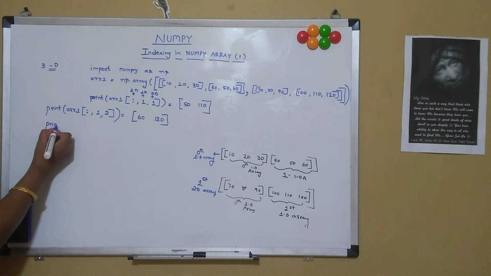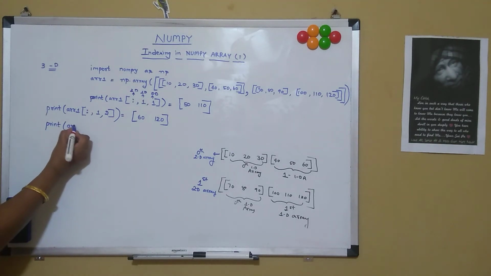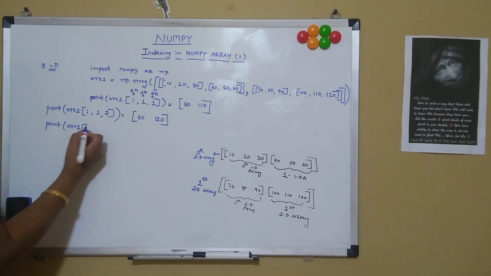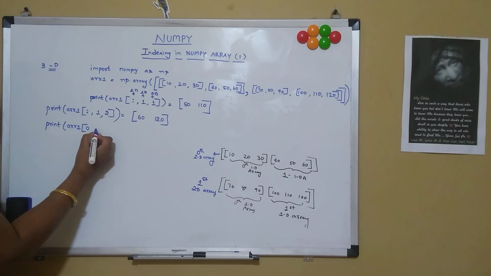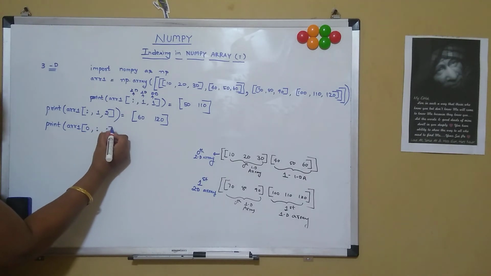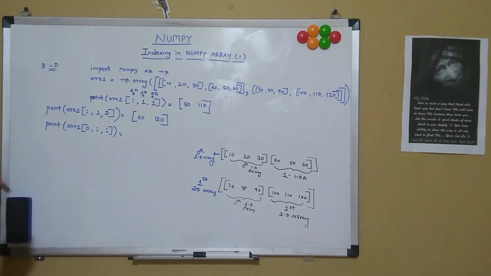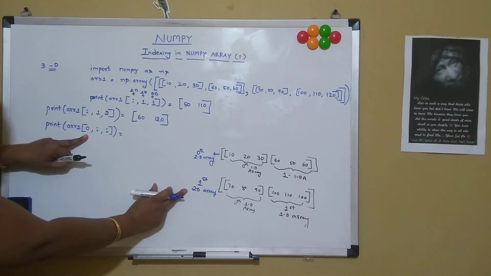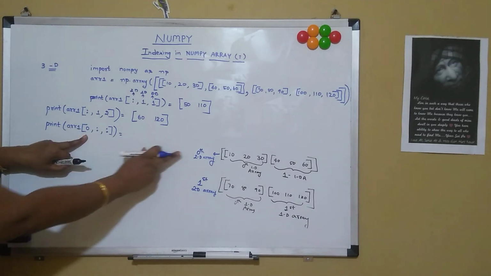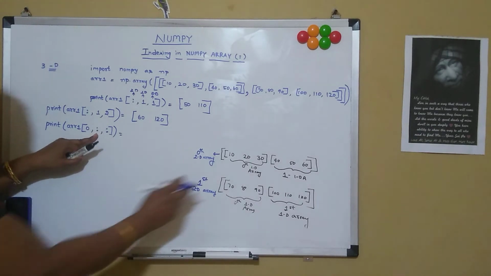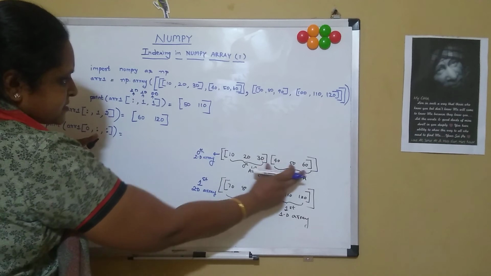Now let's move on to another example wherein I say 0, colon, colon. So what gets printed? Here I am giving 0, so it will consider this two-dimensional array. It won't take the first two-dimensional array. It will take the 0th 2D array. In that I gave colon, so it will consider both the rows.